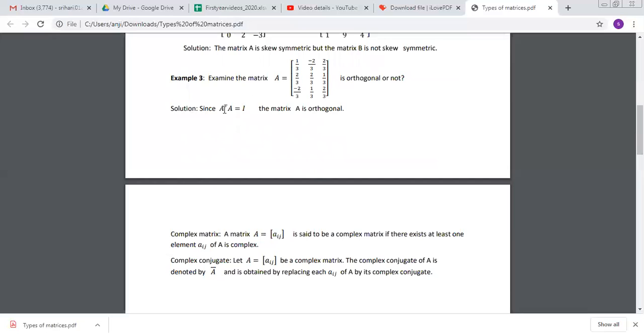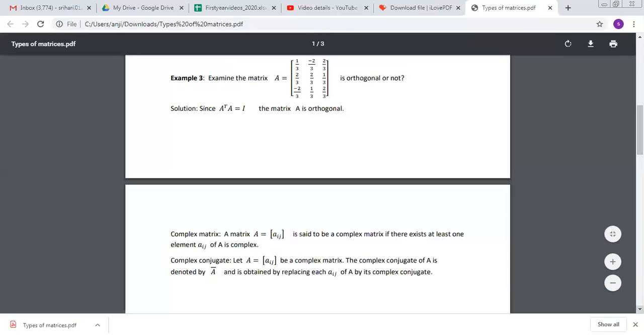Next, calculate A transpose and find the product of A transpose and A. That will be the identity matrix, so this matrix is orthogonal. Nothing else is there, only matrix multiplication. Just calculate A transpose A. If that equals I, then it is orthogonal. So in this case A transpose A equals I. Therefore, the given matrix is an orthogonal matrix.